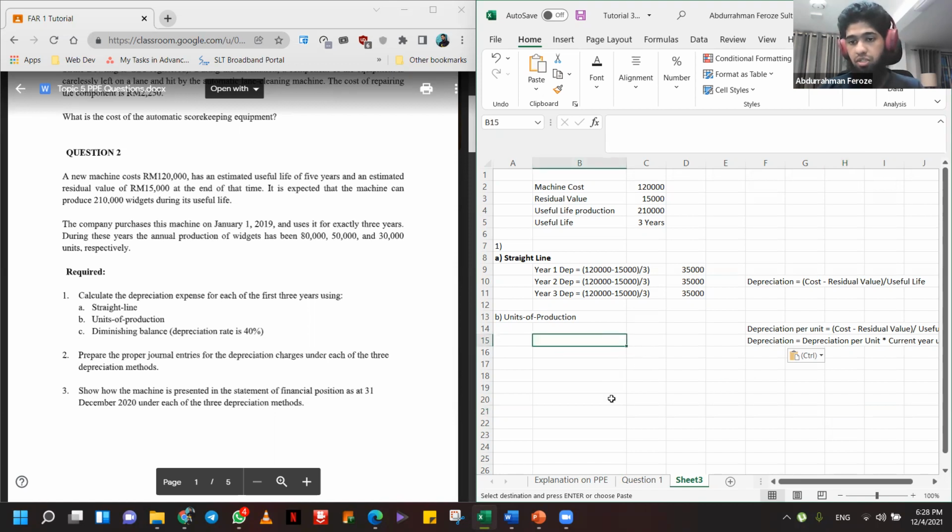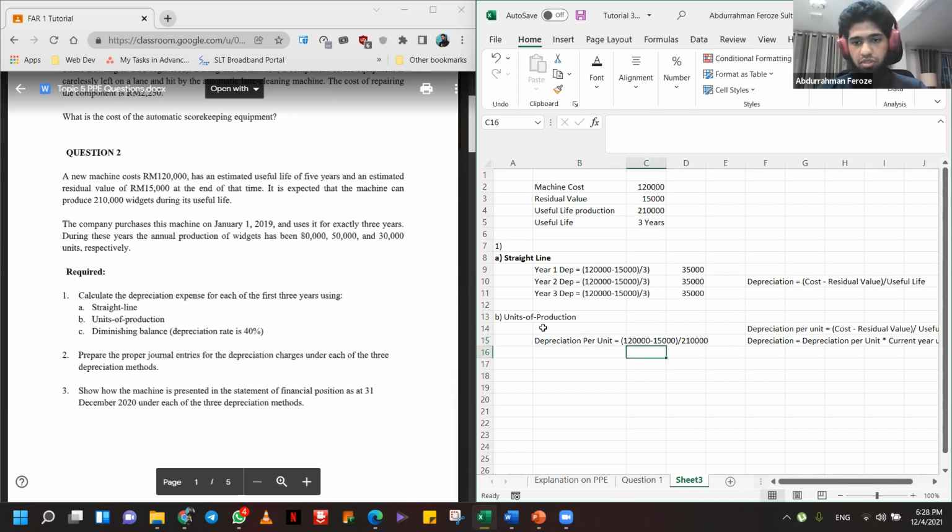So the depreciation per unit equals 120,000 minus 15,000, divided by 210,000, which is the number of widgets produced.